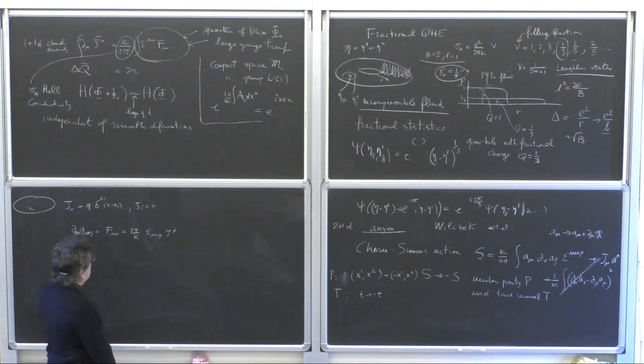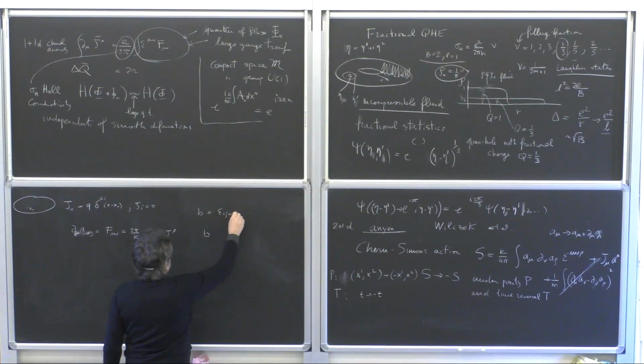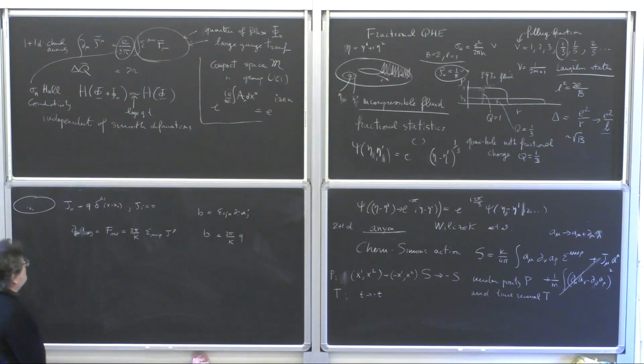Then if you take a static source, you get that the magnetic field B, in the orthogonal direction, with epsilon_ij, is equal to 2 pi over k q.